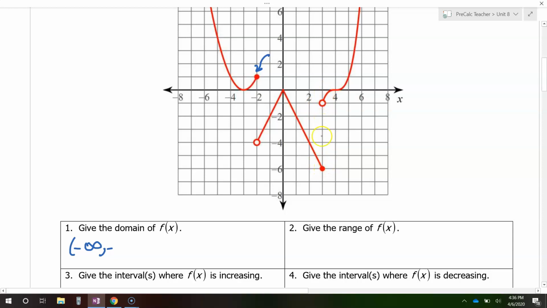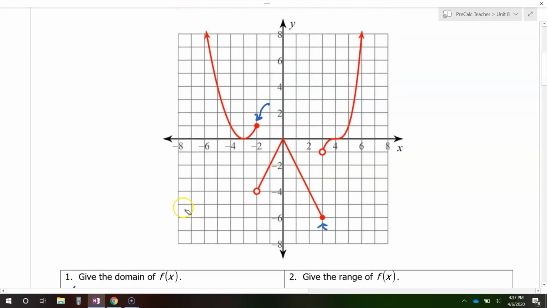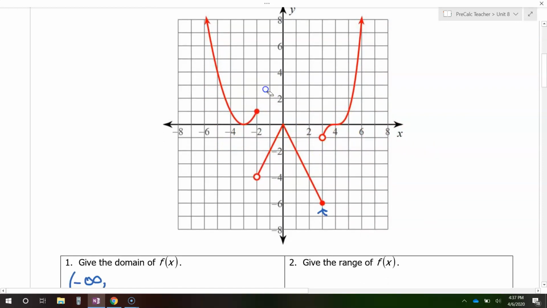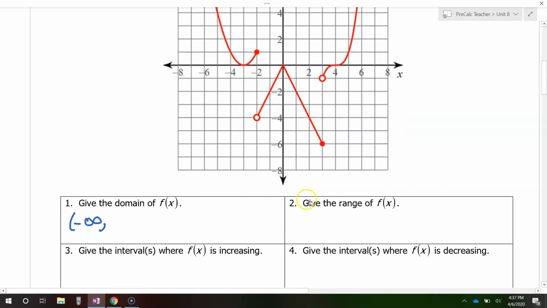Here at an x value of 3, the x value of 3 is included, and then the next portion of the graph just picks right up from there. So there is no x value unrepresented. Every x value is covered from negative infinity to positive infinity. Every single x value is represented on this graph somewhere.